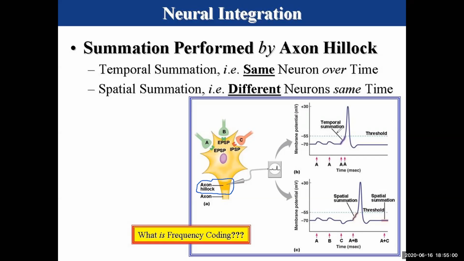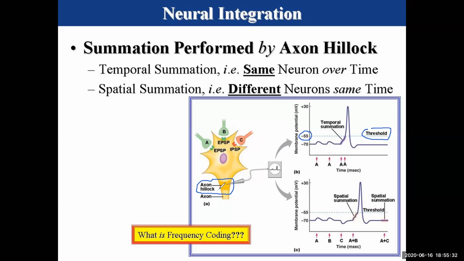And the threshold potential, when we say threshold, it means the threshold potential at minus 55, right? So at the plasma membrane, the phospholipid bilayer at the axon hillock, do I have minus 55 or more positive? Do I have at least minus 55? If I have minus 55 millivolts, I can fire an action potential.